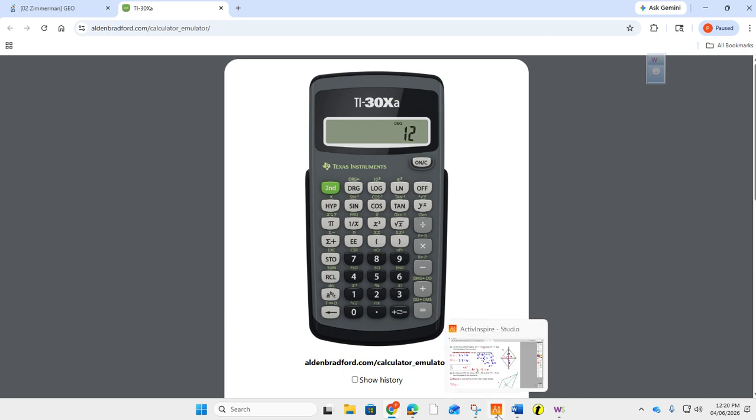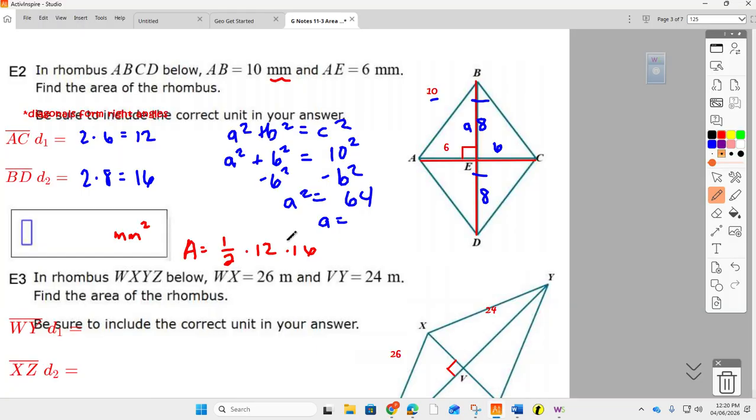Figure what it was, 12 and 16? Did you guys get 96? Anybody get something different? So the area of this rhombus is 96 square millimeters.